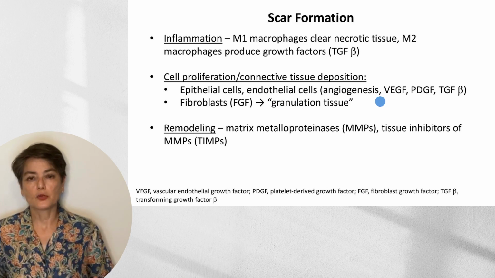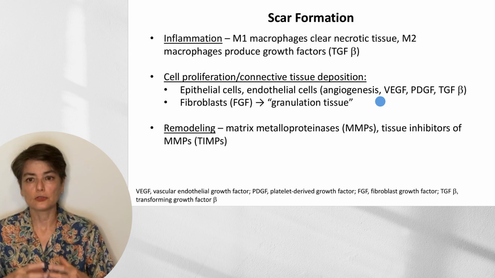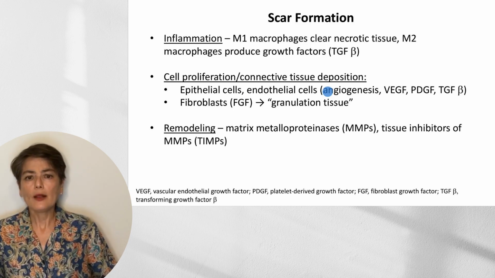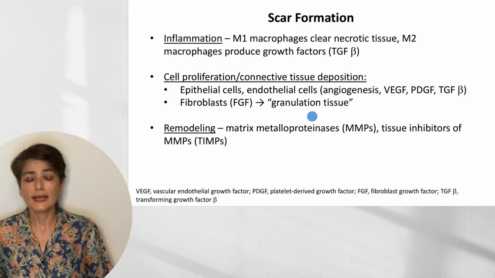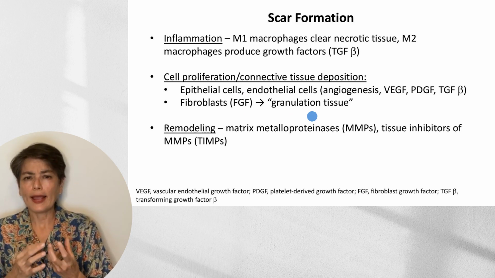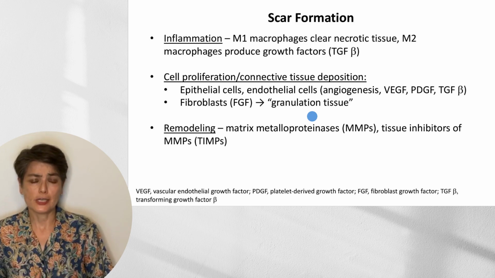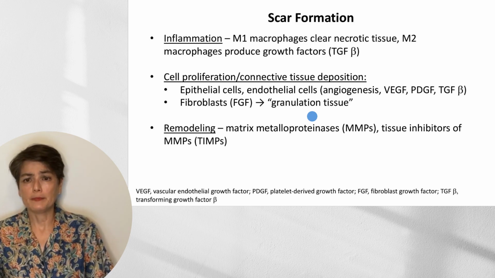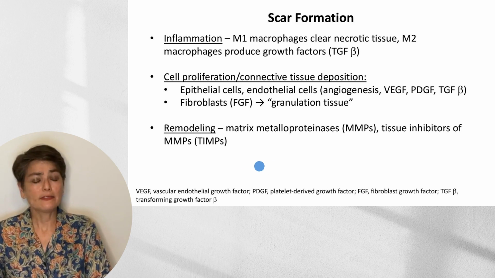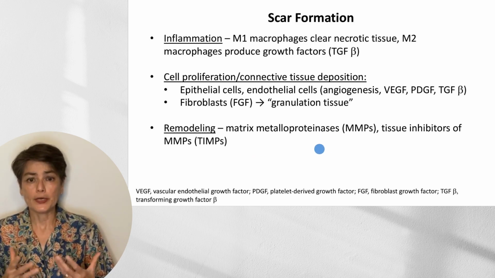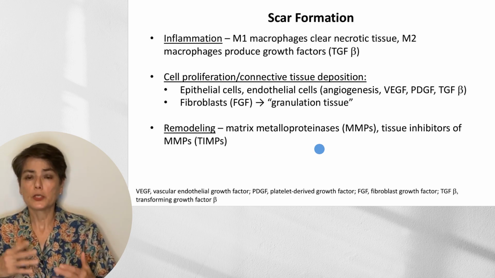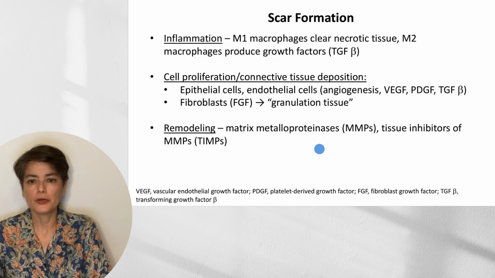And so VEGF is going to help us to build new vessels to supply that tissue. And what this mass of proliferating tissue and connective tissue deposition looks like is this raw granular tissue, and it's referred to as granulation tissue. And we'll talk about that, and I'll show you an image in a little bit. And then finally, we have to have remodeling. And so this is going to be largely due to a balance between matrix metalloproteinases, which will be degrading some of the tissue, and tissue inhibitors of matrix metalloproteinases, which will be inhibiting our matrix metalloproteinases.